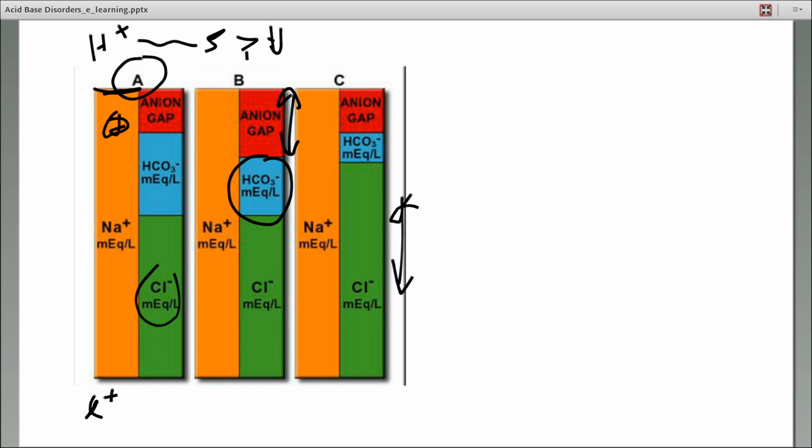Let me see. We have a question here. If we do need to calculate an ion gap, will we adjust for albumin? No, we do not. An ion gap normally is 10 to 12 millimoles per liter, and we make it that simple. There are some charges on albumin.